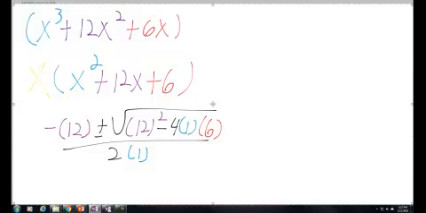And so we'll take that and we'll get, and I'll just write everything in blank now, negative 12 plus or minus the square root of 144 minus 24 over 2.